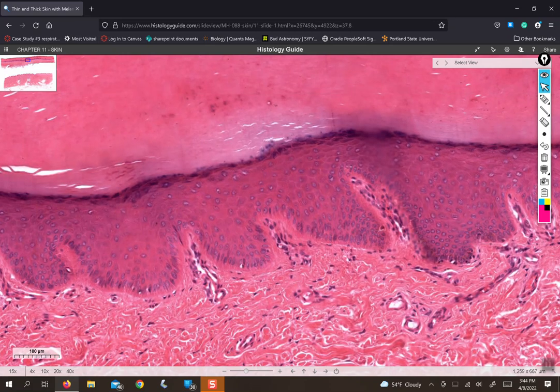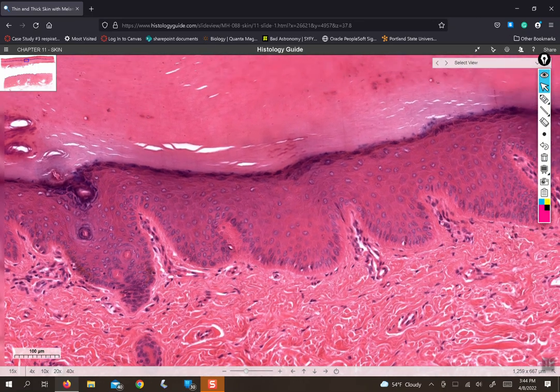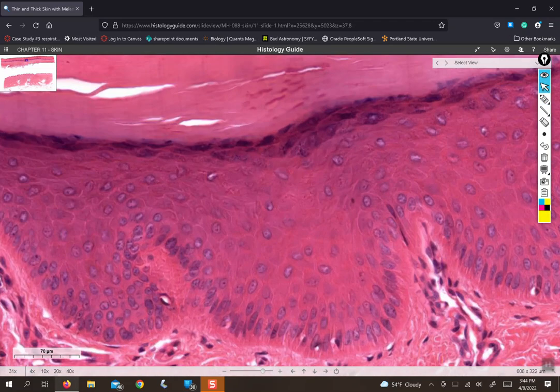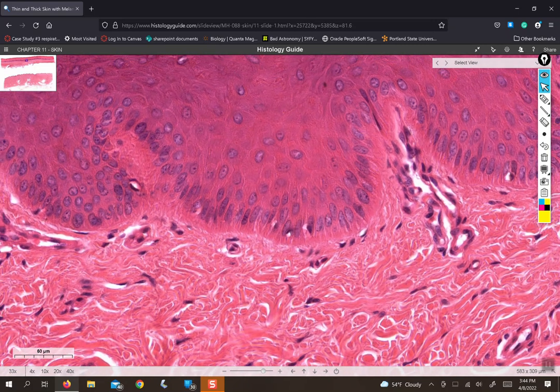Melanocytes only live in the stratum germinativum. They're not in the stratum spinosum, and they sit among the basal cells. Most of the cells you see in the stratum germinativum are basal cells, like these. But then, let's make this brown because that seems appropriate, we've got these little guys, and you can see they have a little white space next to them.